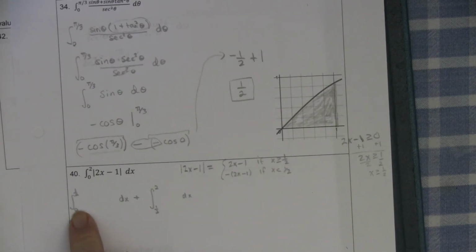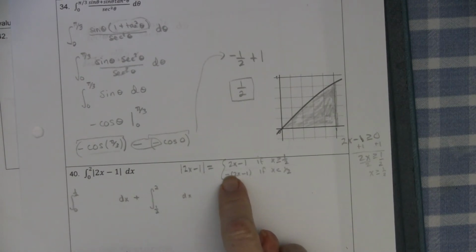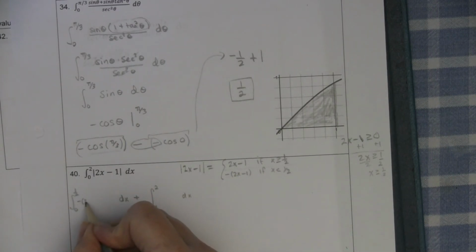And when I'm between 0 and half, my values are smaller than half, so I should be using the negative of 2x minus 1.